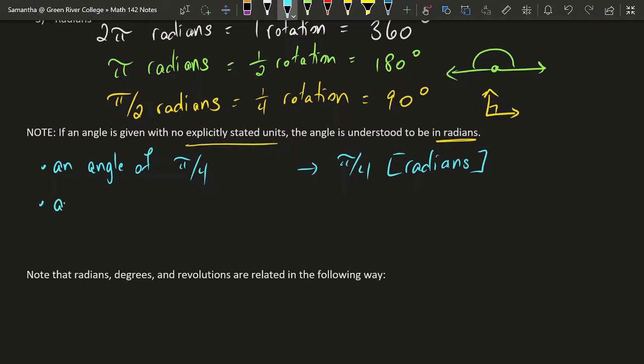If somebody says an angle of 1 with no explicitly stated units next to it, once again, this is understood to be 1 radian.